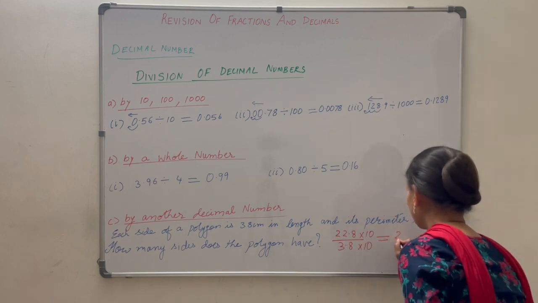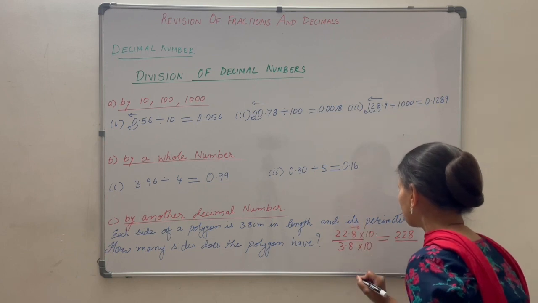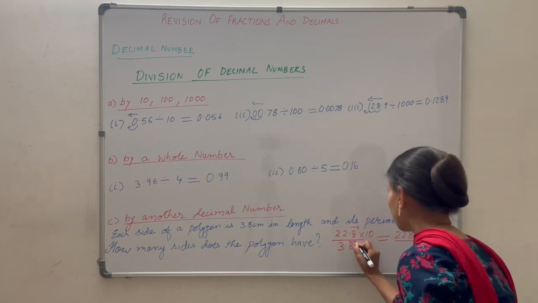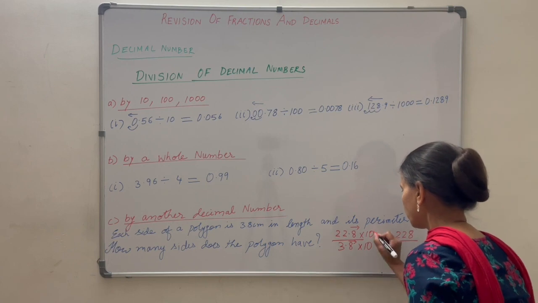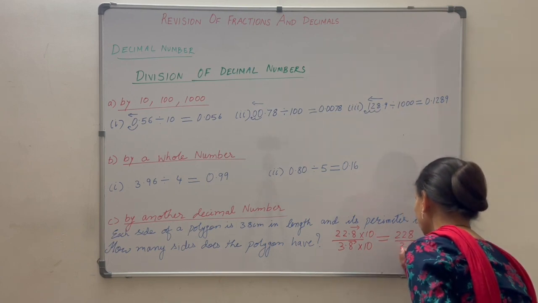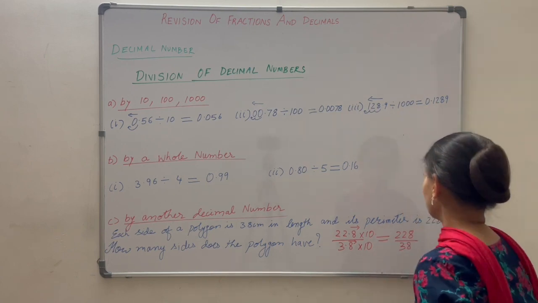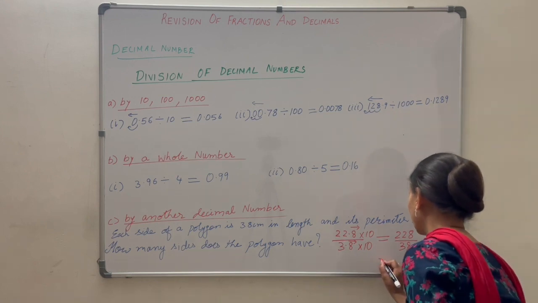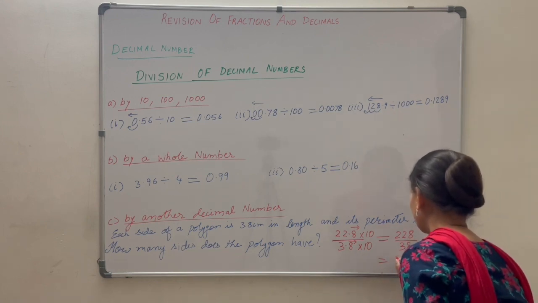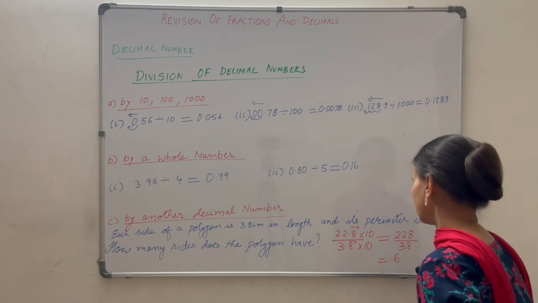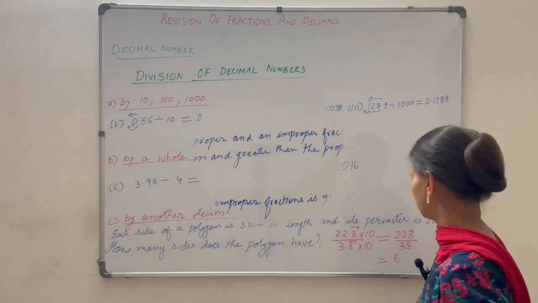So in the numerator you will get 228. The decimal point will move one digit this side. Similarly here the decimal point will move one digit this side because you are multiplying by 10. So it is division by 38. So when you divide 228 by 38, you get the number of sides as 6.